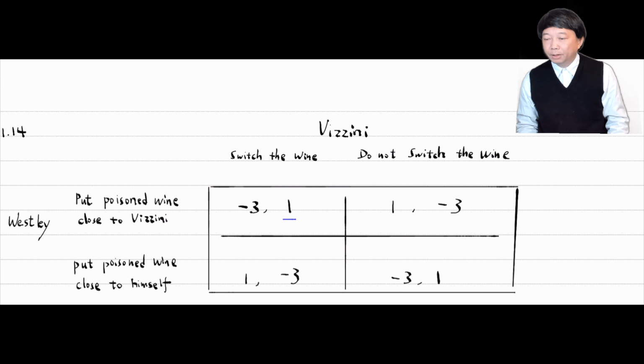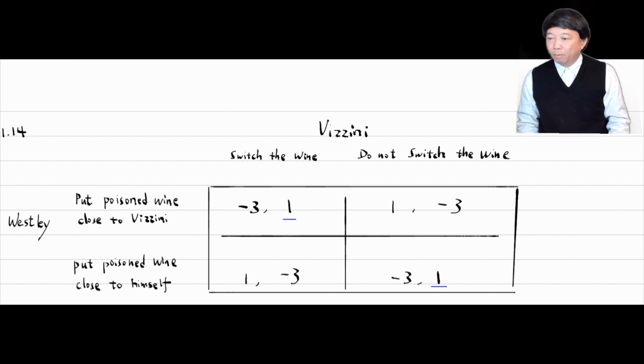We underline his payoff 1. Suppose Wesley puts the poisoned Y close to himself. In this case, Vicini's best response is not to switch the wine because it brings a payoff of 1 instead of getting poisoned. We underline his payoff 1.